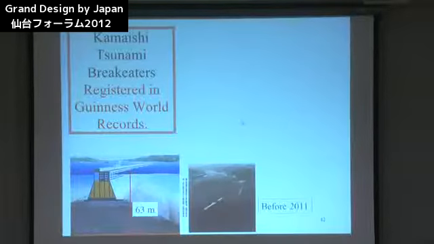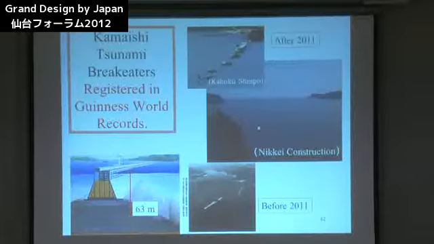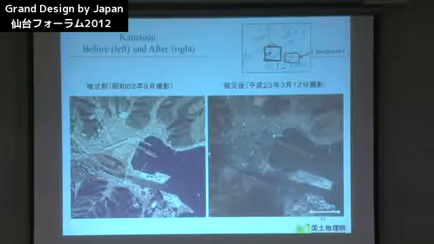Now, the Kamaishi tsunami breakwater. This is registered in the Guinness World Book because the water depth here was 63 meters. This is before and after. Was the tsunami breakwater in Kamaishi useless, or did it work well? Now this is before and after.